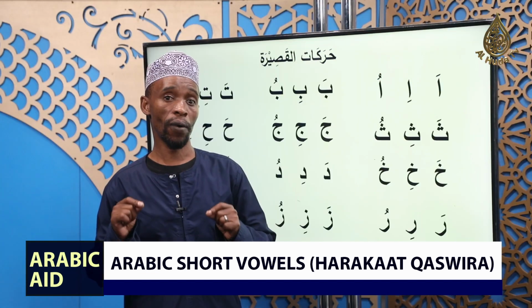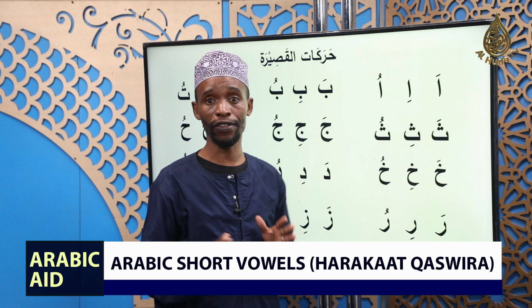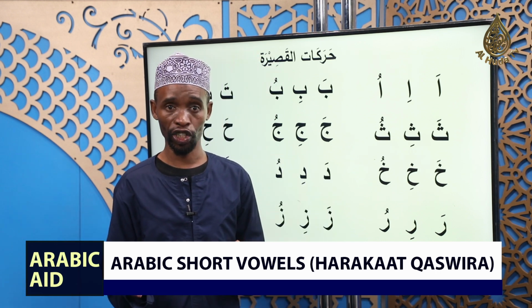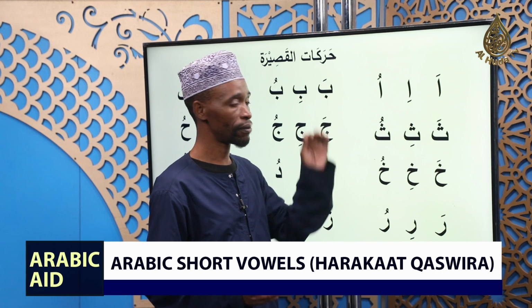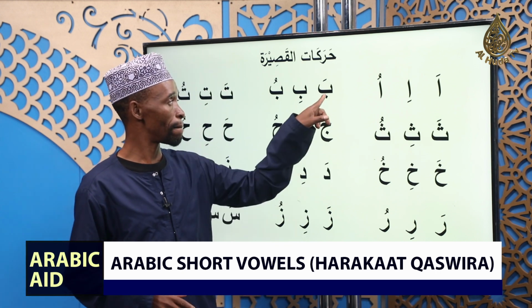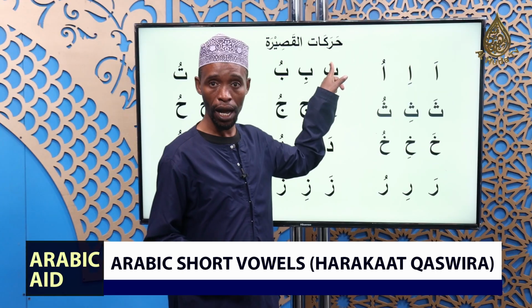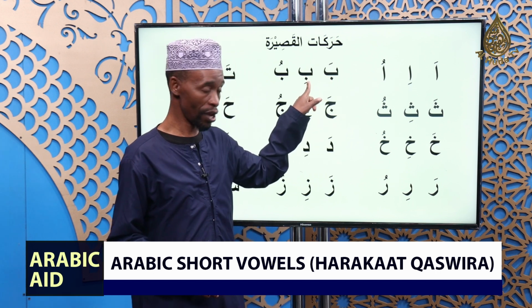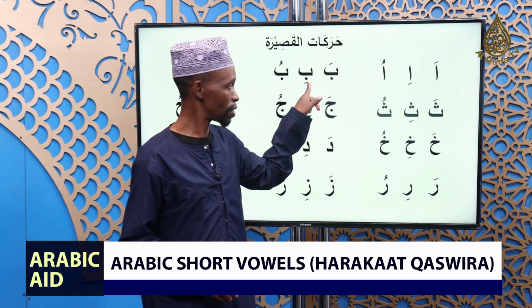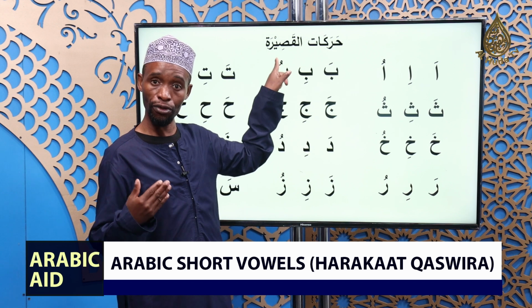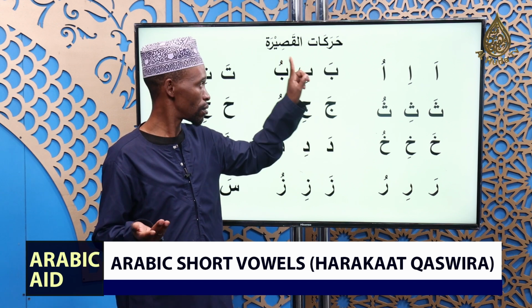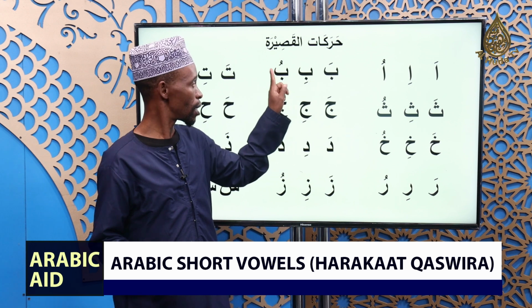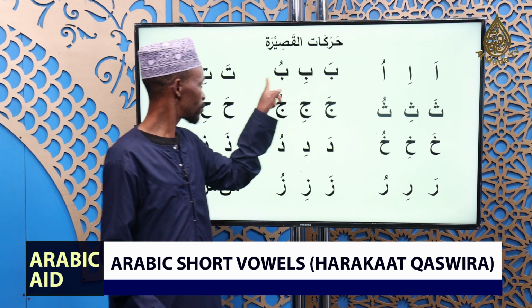Coming back to our new alphabet with short vowels, let's read the first page from Ba. Ba, fatha, Ba. Ba, kasra, Bi. Ba, dhamma, Bu. Ba, Bi, Bu.